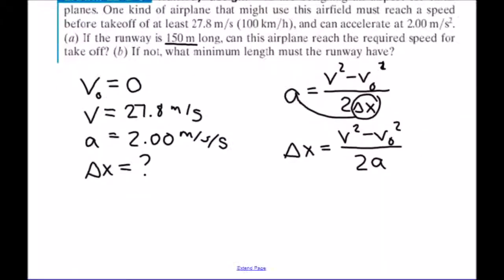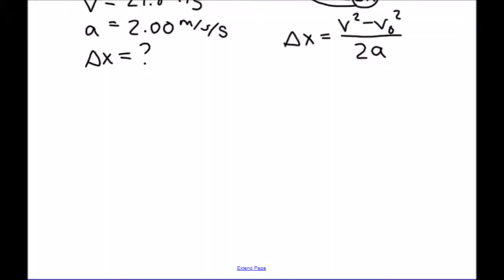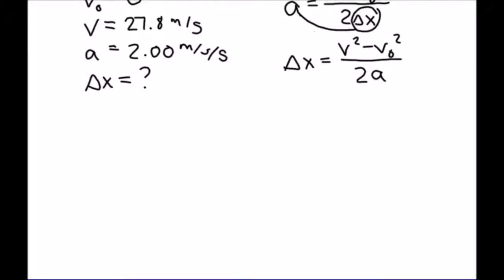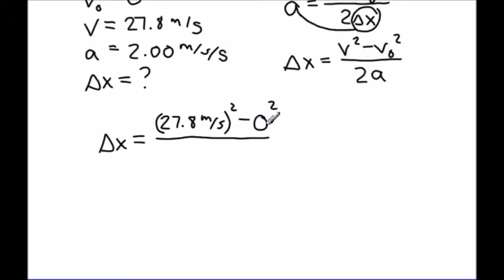All right, I need to give myself some more room down here so that I can write this. I'm going to solve for displacement by using the final velocity squared, so 27.8 meters per second squared, minus the initial velocity squared, which is 0, that's nice, divided by 2 times the acceleration.